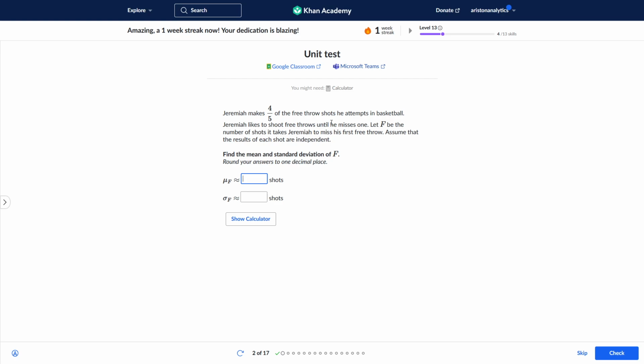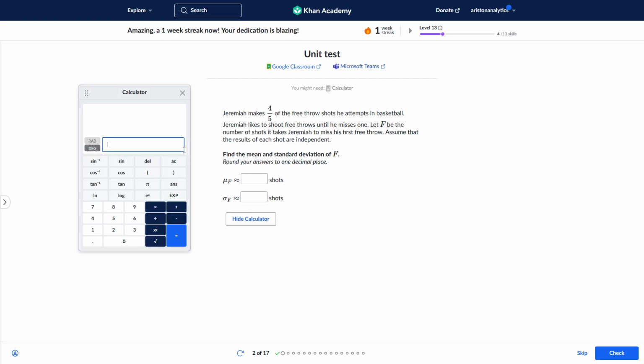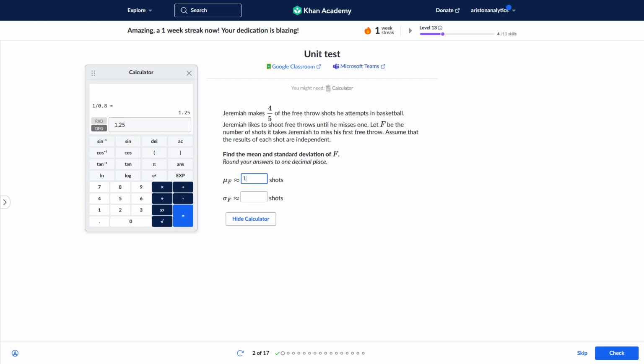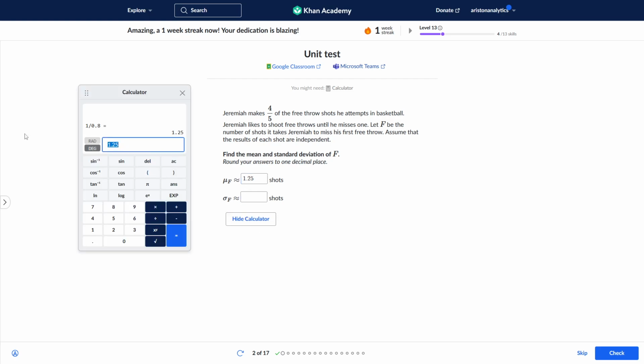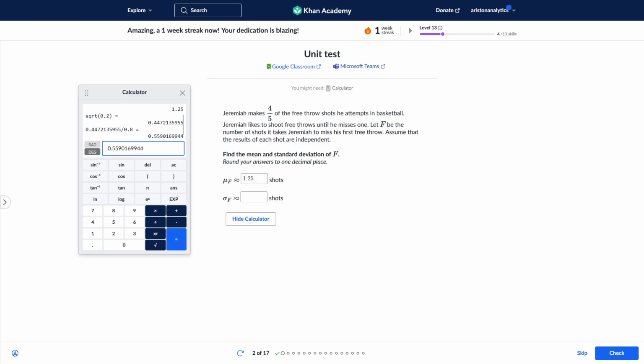This is geometric because it's saying until he misses one, so it keeps going. So how we calculate the mean here is 1 divided by 0.8, 1.25. And for the standard deviation, square root of 1 minus 0.8, 0.2 divided by 0.8.